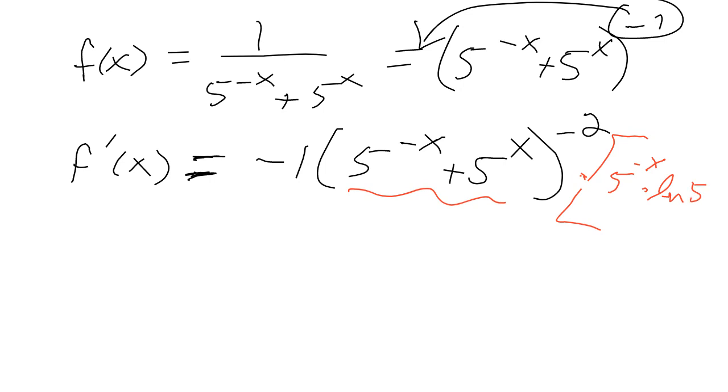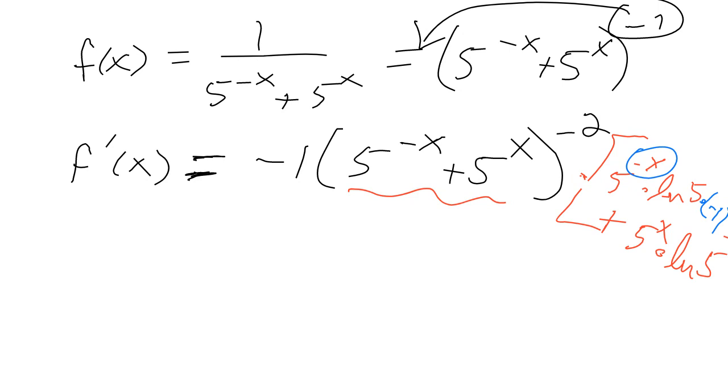But once again, using the chain rule again, that wasn't just x, it's to the minus x, so I have to take it times -1 by the chain rule. And then plus the derivative of 5 to the x, which is 5 to the x times natural log of 5. And that's just an x there, so we're fine.